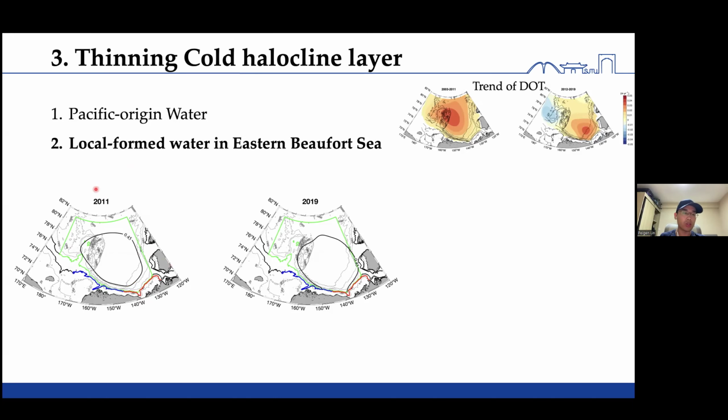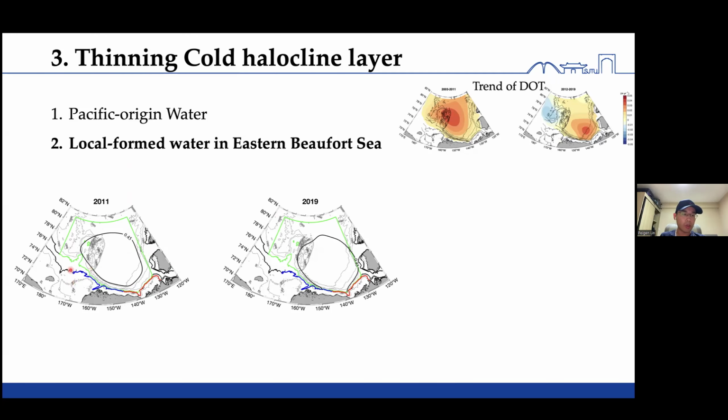The first one was done for 2011, which is the last year of the first period, when the Beaufort Gyre was located more in the northwest. And the second experiment was done for 2019, which is also an extreme year, when the Beaufort Gyre was located in the southeast of the Canada Basin.